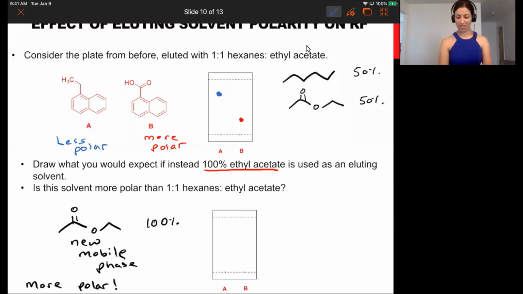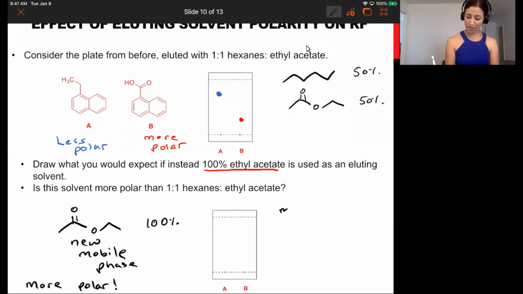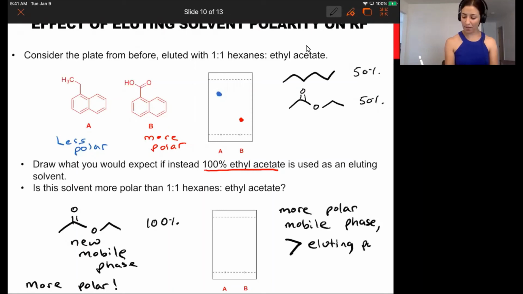What you can expect to see with a more polar mobile phase is that it overall has what we call greater eluting power, meaning it facilitates more desorption of the compounds from the polar surface and allows them to travel more with the mobile phase. Okay, so greater desorption from the stationary phase.